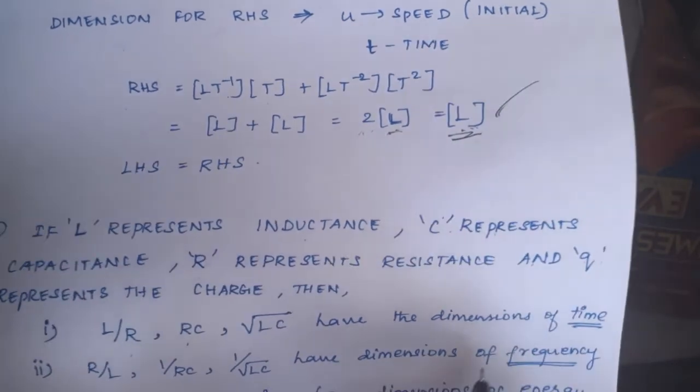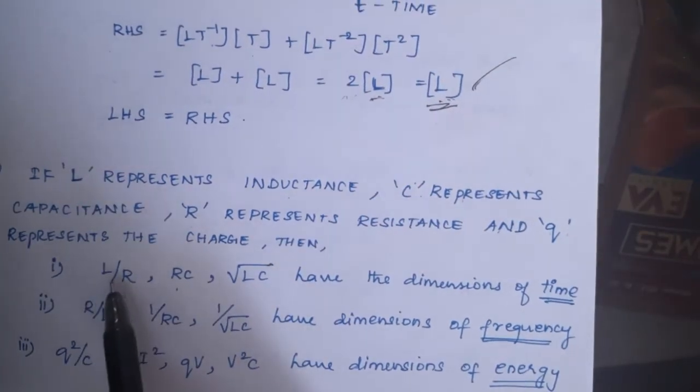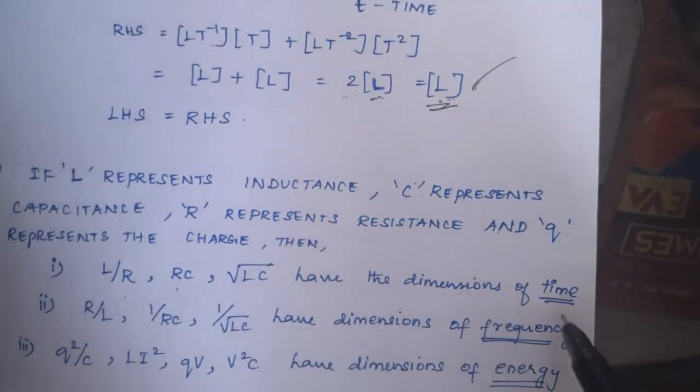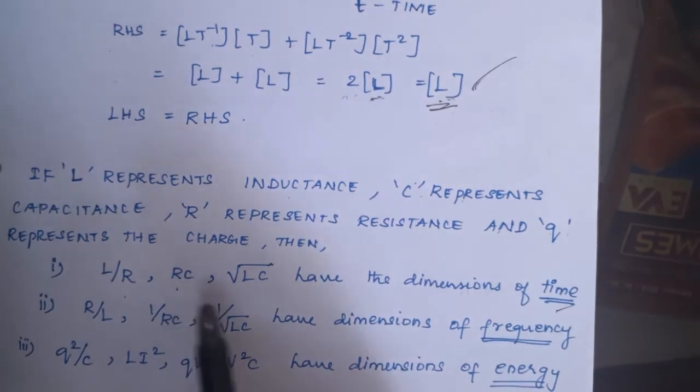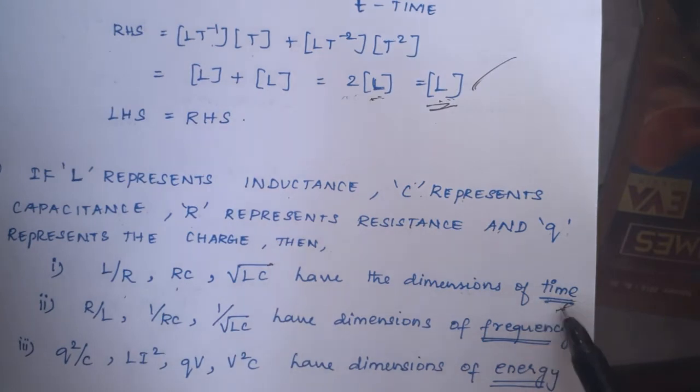That is, L by R has the dimension of time, R into C has the dimension of time, root LC also has the dimension of time.